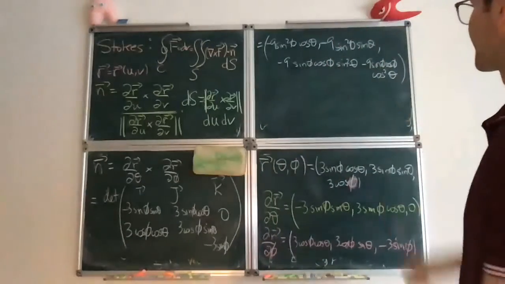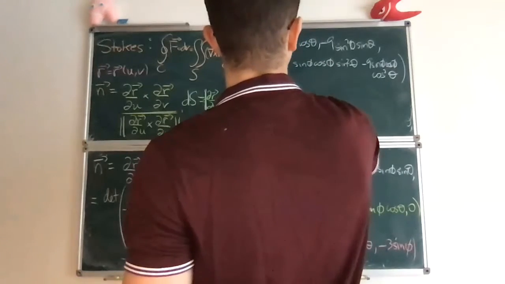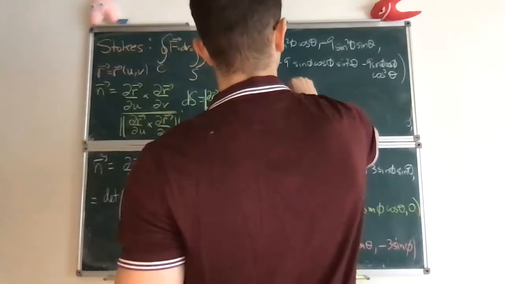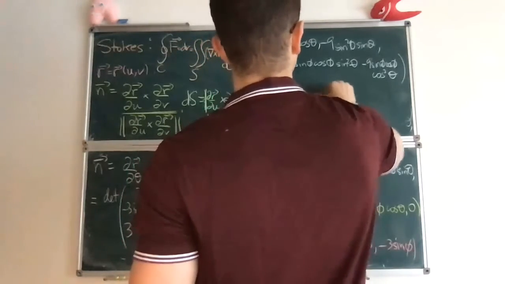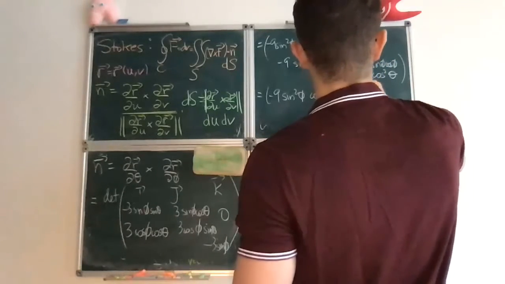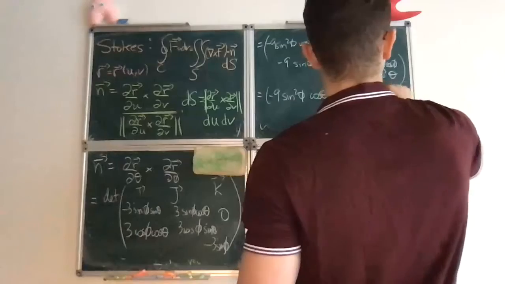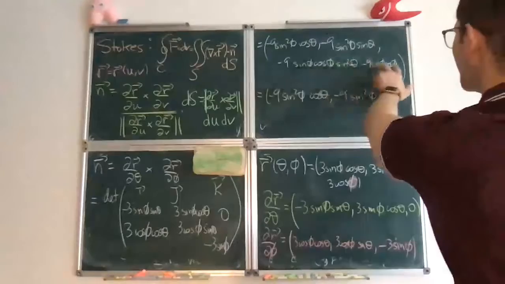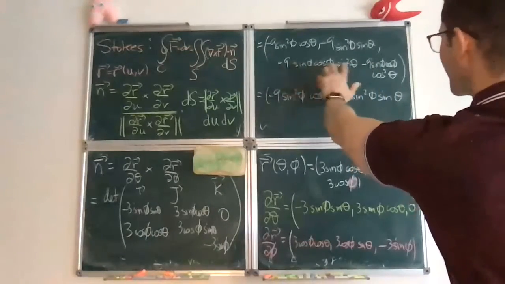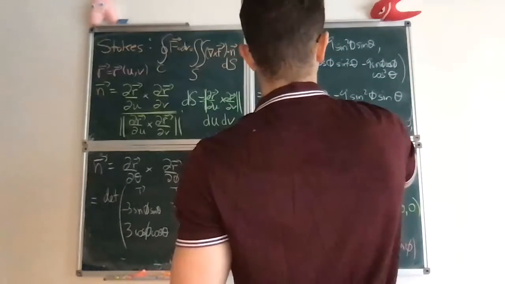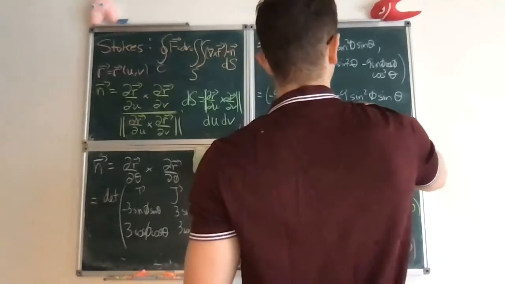So you can simplify this a little bit, because here you can factor out sine phi cosine phi, and then you get -9 of that, and then sine squared plus cosine squared, so you get -9 sine phi cosine phi.